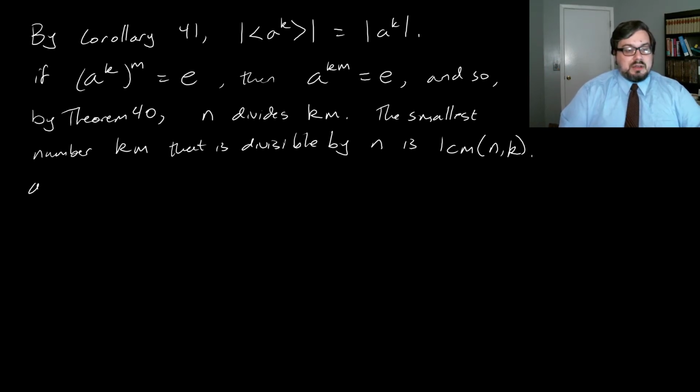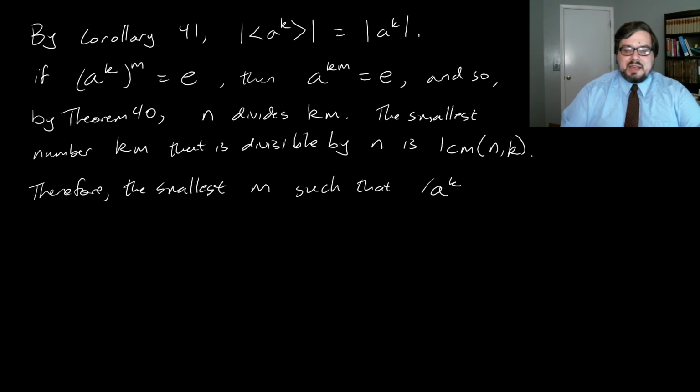Therefore the smallest m such that a to the k to the m is the identity is the least common multiple of n and k over k.